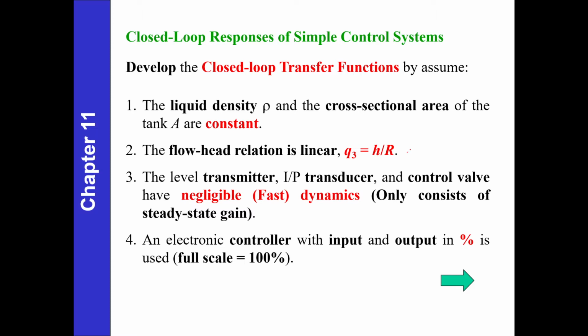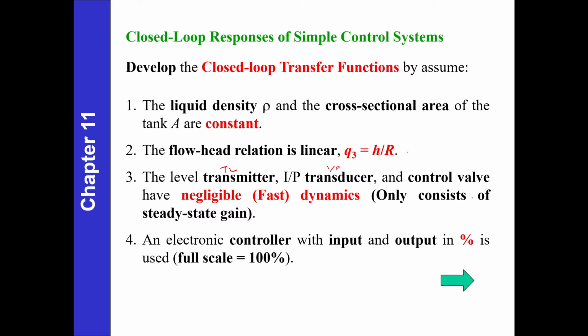The level transmitter, the IP transducer, and the control valve have negligible fast dynamics, only consisting of steady state gain.